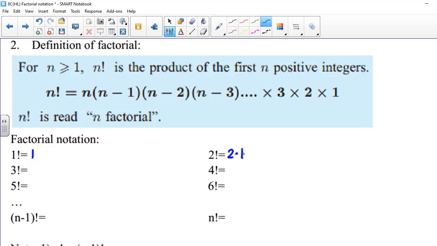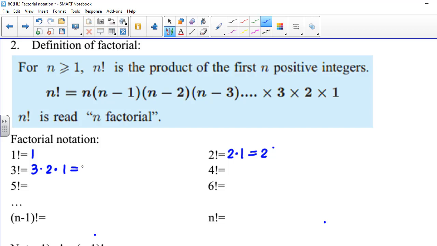So 2 times 1. That's the meaning for 2 factorial. The answer is just 2. 3 factorial means I start with 3, decrease by 1 all the way down to 1 for the product.